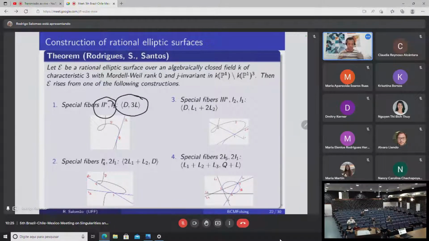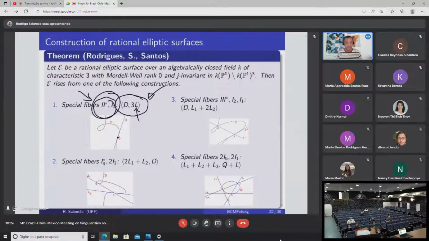So for instance, if a fibration by elliptic curves has a special fiber like this one, then it is equivalent to a fibration obtained by blowing up the base points of a pencil like this one, where D is a nodal cubic and L is the inflectional line over the inflectional point of this nodal cubic.